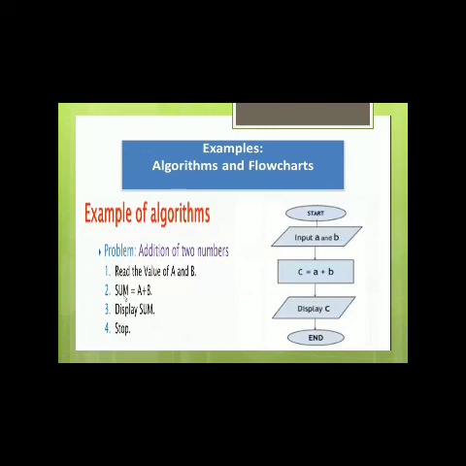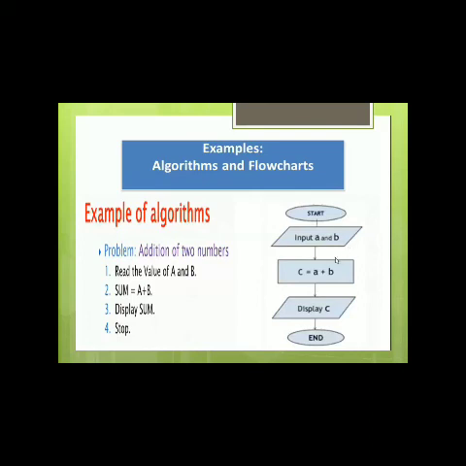Then sum equals to A plus B. Here you can write C is equals to A plus B or sum equals to A plus B. Anything you can write. I have made it differently to tell you that you can take any variable for it. But the variables which you are taking in that particular algorithm or while making a flowchart should be the same.